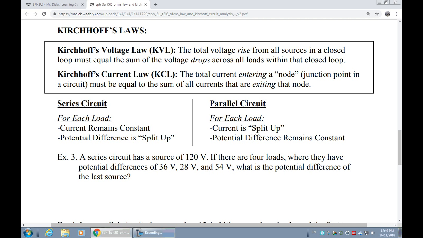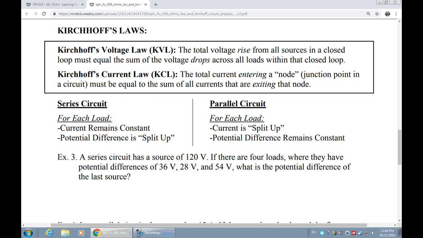If we had, let's say, 3 different loads, those 3 loads would all have to produce voltage drops that also add up to 9 volts. Or you could think of it as negative 9 volts in terms of their voltage drops. So whatever voltage rise is supplied to the circuit must be equaled out by the sum of the voltage drops. In other words, the amount of energy we give to each charge needs to get fully used up by the charges as they flow through that path.